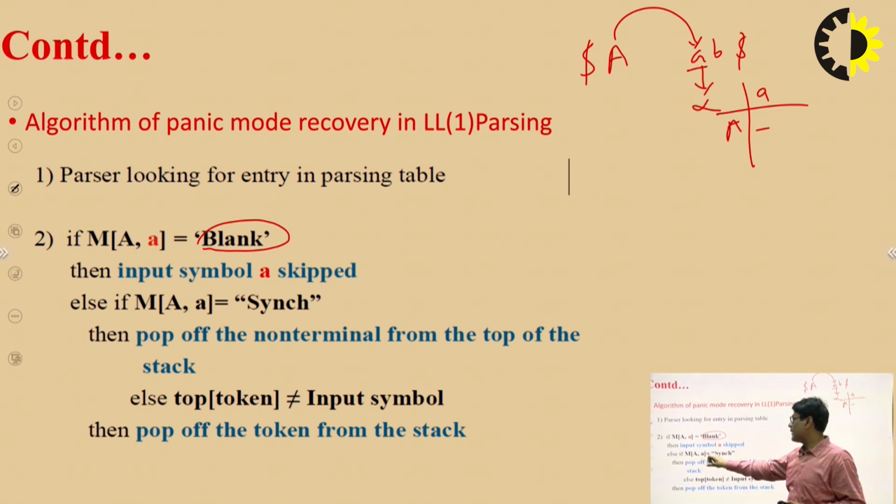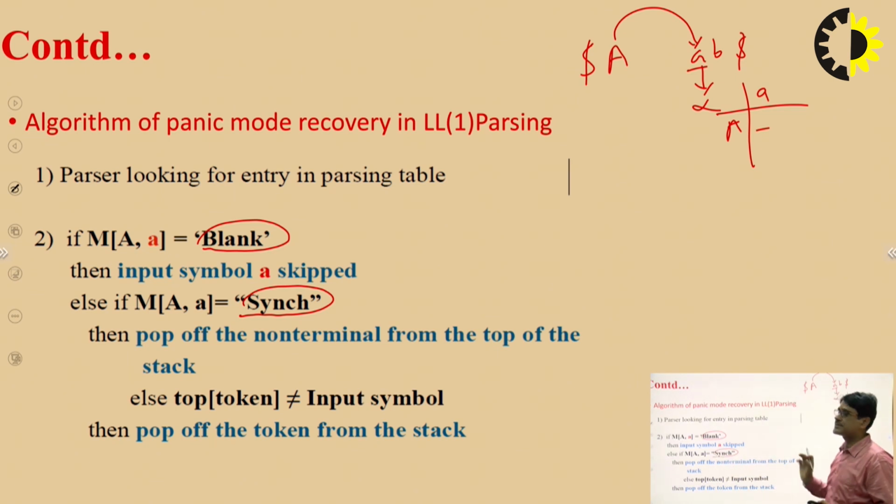Else if M[A, a] equals synchronize, otherwise you have to put this synchronize, then pop off the non-terminal from the top of the stack. So both processes will be used. Either you will remove this non-terminal from the stack, or you will remove this input terminal from the input.